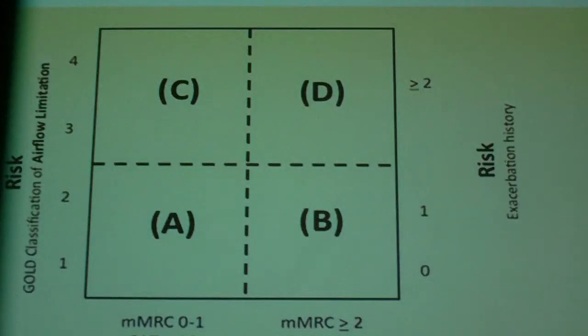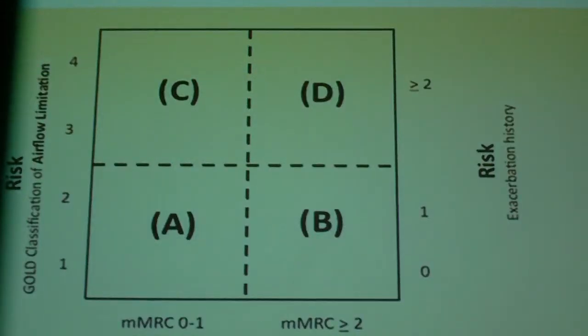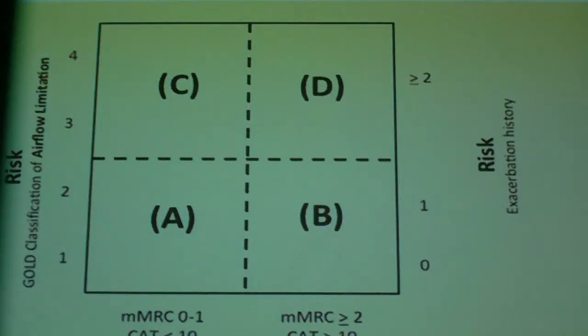Therefore, they came up with a new classification system, the ABCD quadrant, and I'll go through it with you. First of all, we have to assess the symptoms, and that's shown here. We have two classification systems in COPD to address those symptoms. One is the modified MRC dyspnea scale, which is this one.